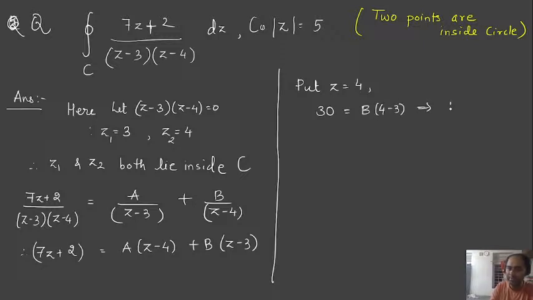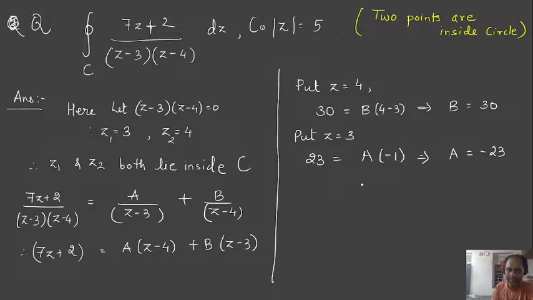So here you get b value equal to 30, and you put z equal to 3, you will get 7 threes are 21 plus 2, 23. 23 is equal to a times minus 1. So a is equal to minus 23.